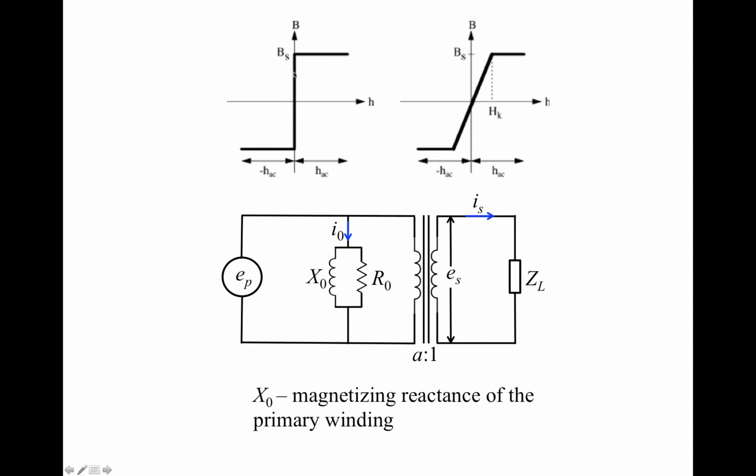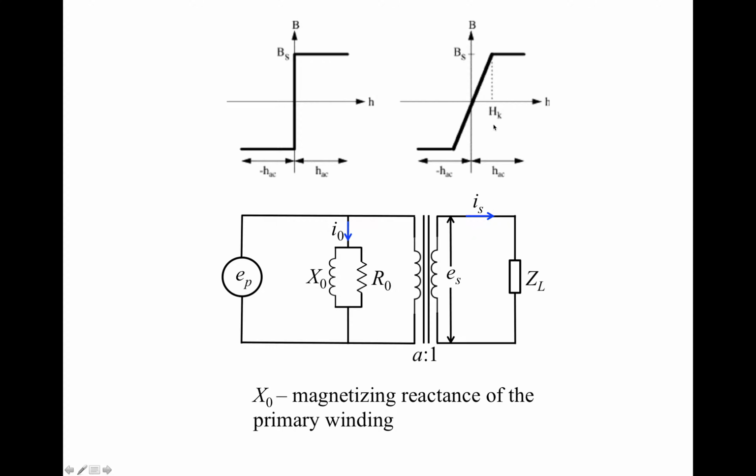But the magnetic material making up the transformer core has finite permeability. It's not infinite permeability, which means that the BH curve is going to have a finite slope. It's not going to be vertical. So if it has a finite slope, then it's going to take a finite amount of H to reach BS.